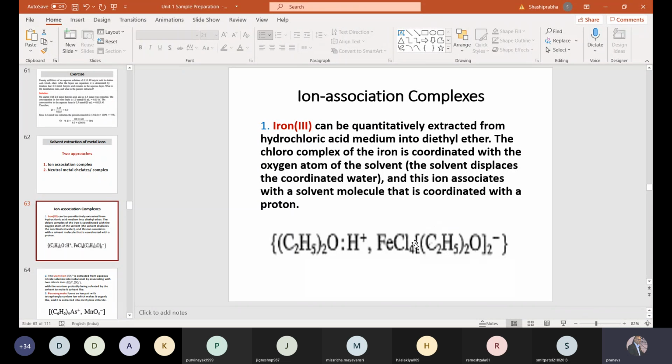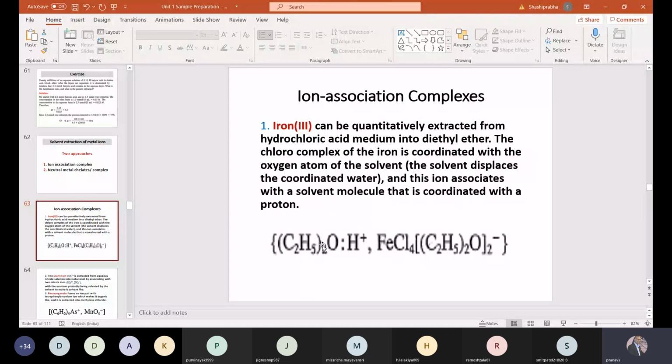But it coordinates with two molecules of diethyl ether and forms a negatively charged bulky species, a bulky anionic complex. At the same time, the H plus ions from the hydrochloric acid coordinate with the oxygen atom of the diethyl ether and give rise to a positively charged species.